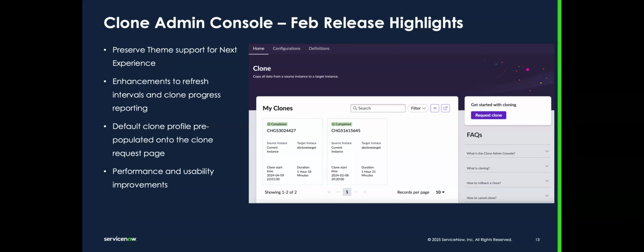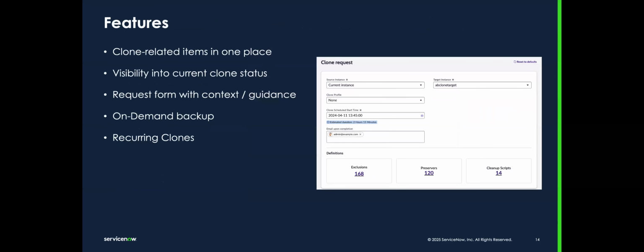If you have clones that run a little bit longer, now you have more granularity into that progress as well. The default clone profile comes pre-populated. We also have some other UI, UX improvements throughout the app. So go check it out. It's available for update as we speak.